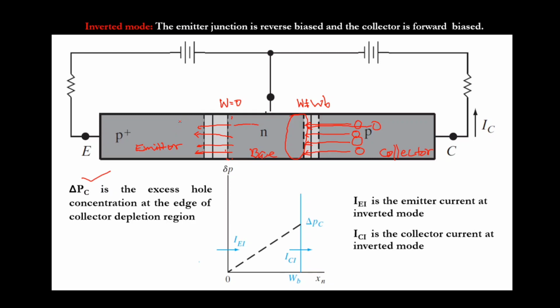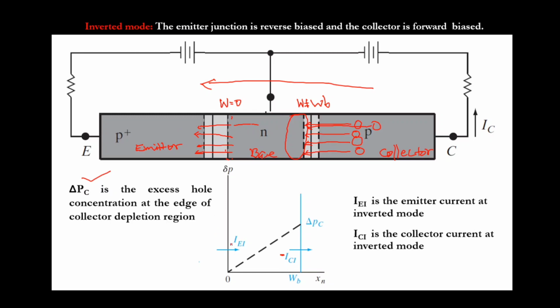And see, the current direction is like this, definitely no doubt, but here there will be a current, that is the collector current only, but I have taken it in this direction, so this is supposed to be minus. So wherever I take the collector current in the inverted mode, I should maintain a negative sign. And here also we could see the current direction is from right to left.